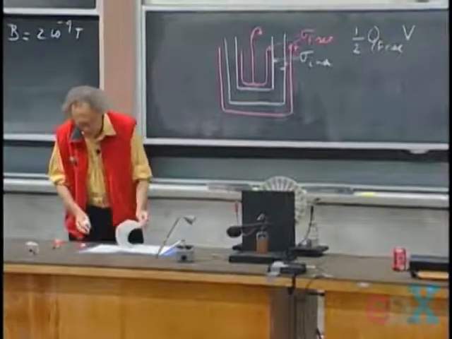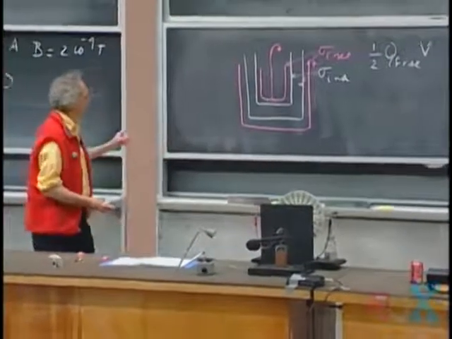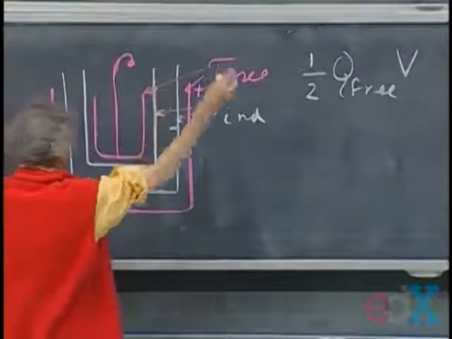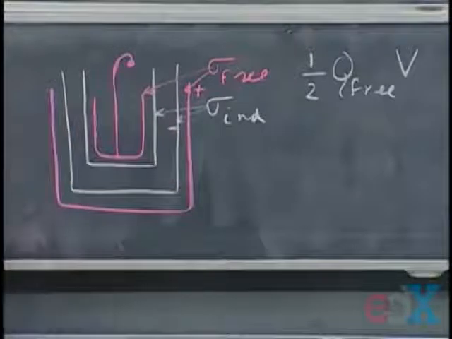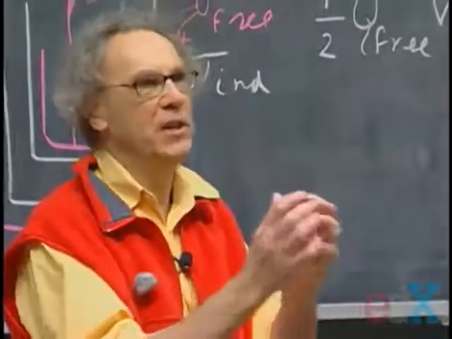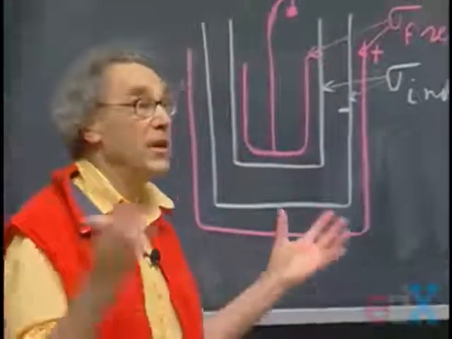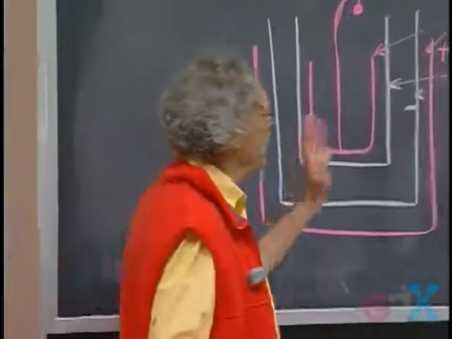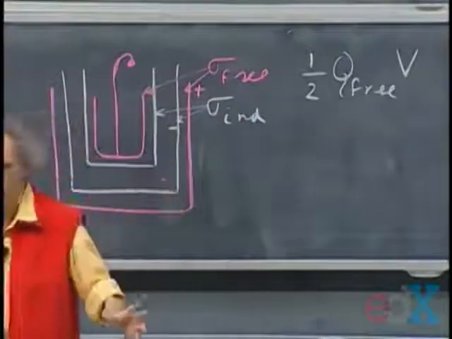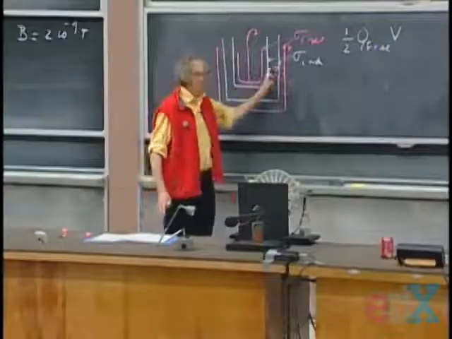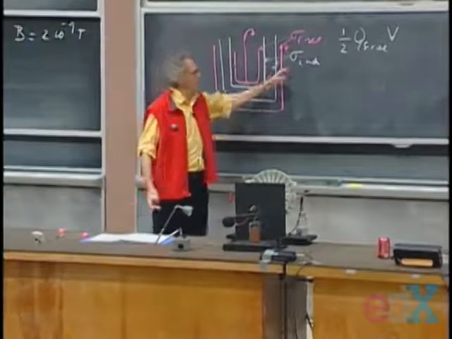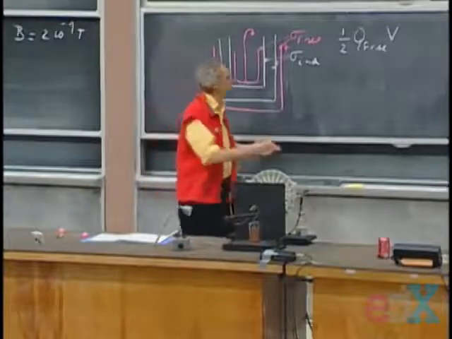And what I then did, I disassembled it very carefully after we had charged it up, took the inner portion out, took the glass out, the outer portion, and I took all the free charge off. I touched the conductors and discharged them. So there is no Q free left. It's gone. The moment that that is gone, the induced charge must also go away, because the induced charge is only there because of the free charge.